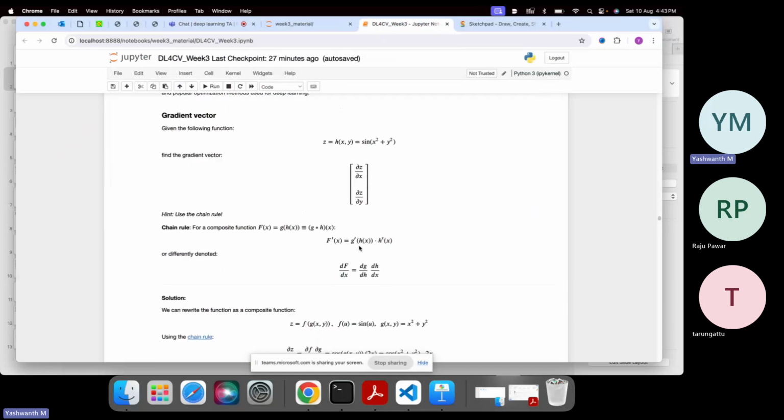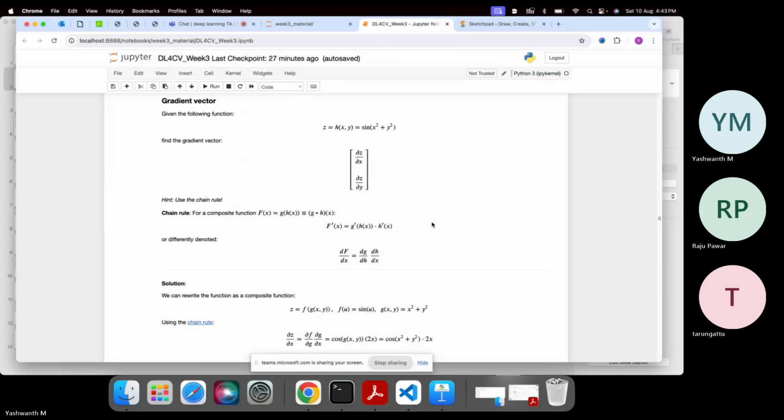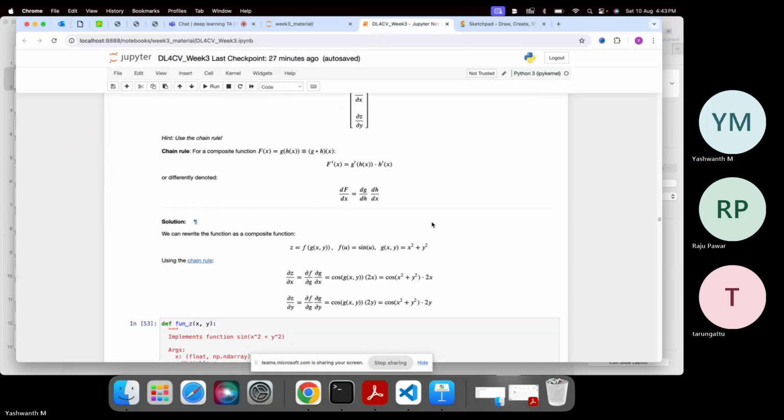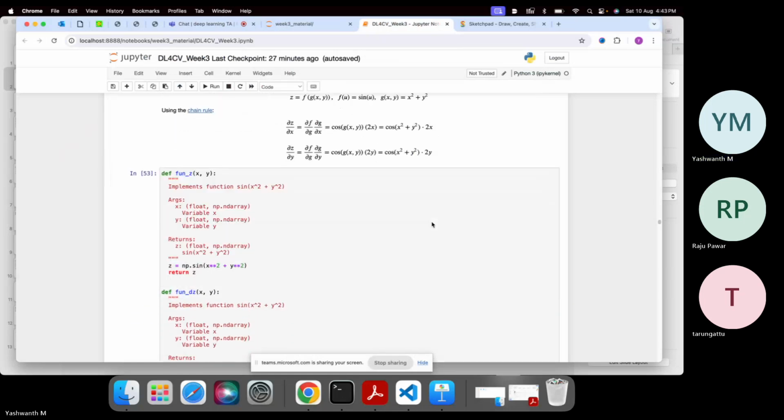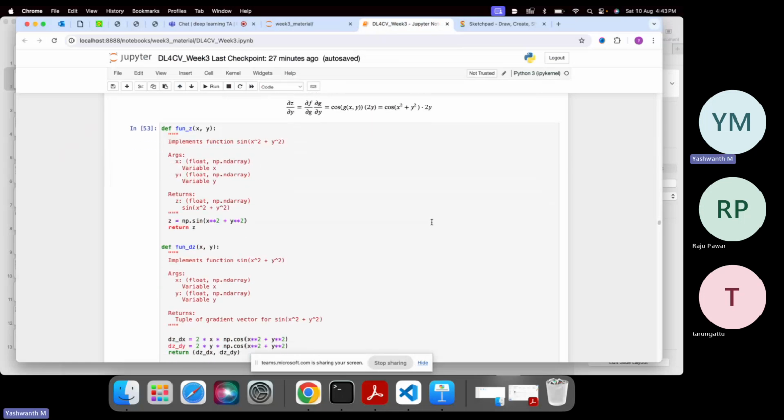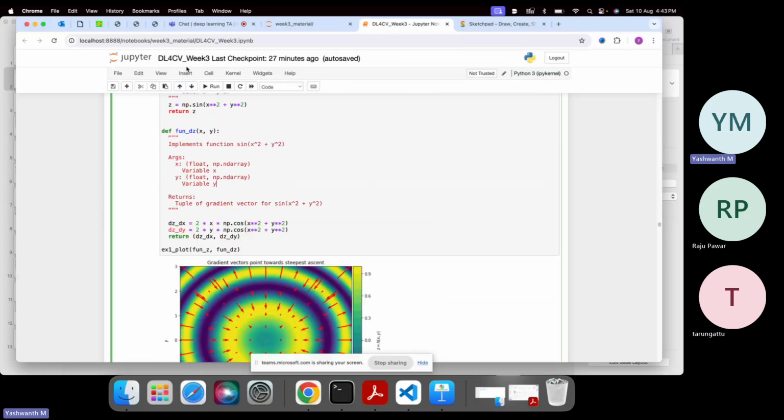Similarly, the chain rule is the traditional thing: we first differentiate with respect to g and then differentiate with respect to h. Same thing here, we are just showing.